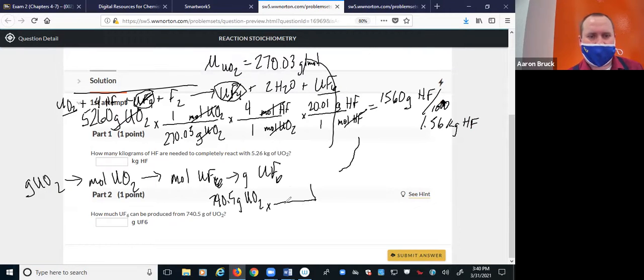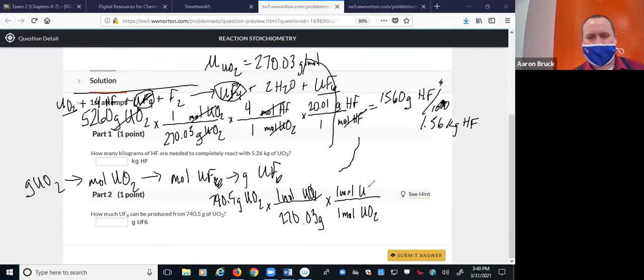So step 1, 1 mole of UO2 is equivalent to 270.03 grams. We've just determined that every mole of UO2 is 1 mole of UF6. The only step that's left is to convert the moles of UF6 into grams.